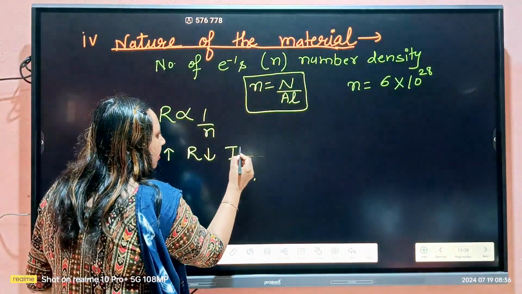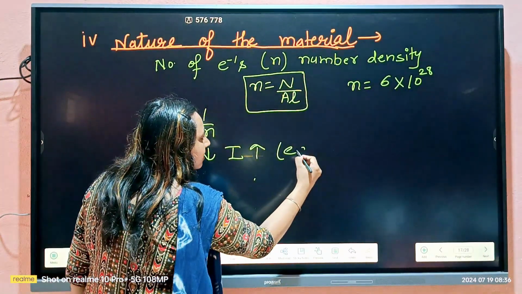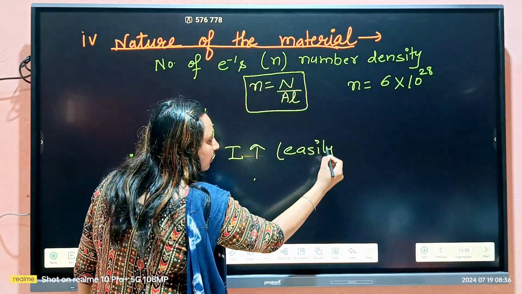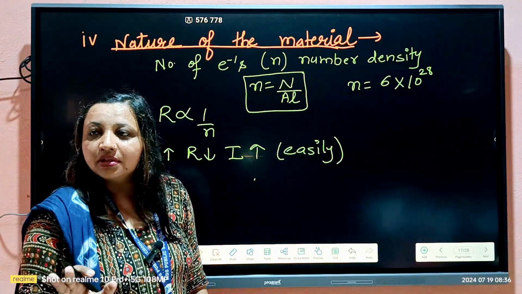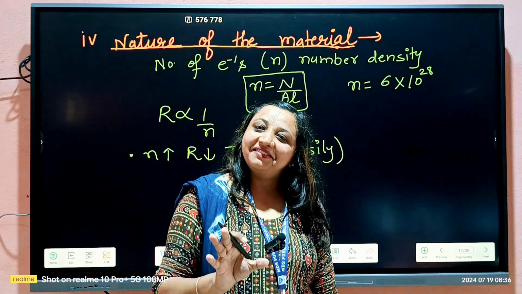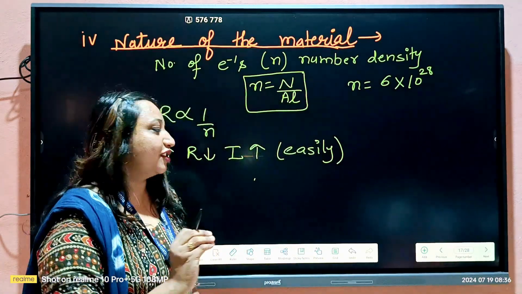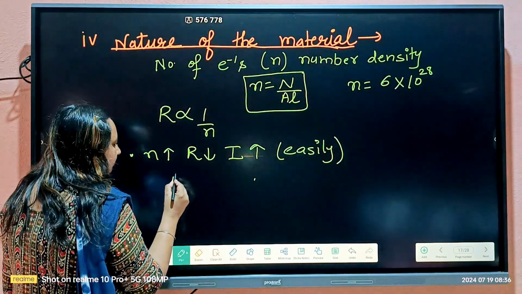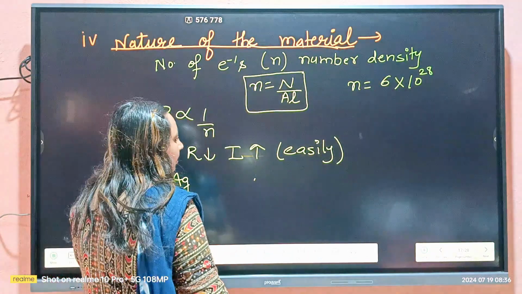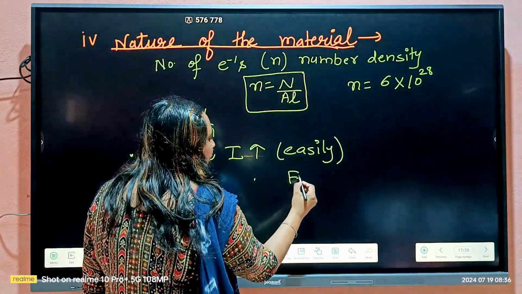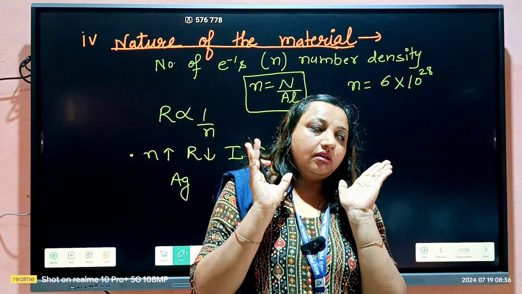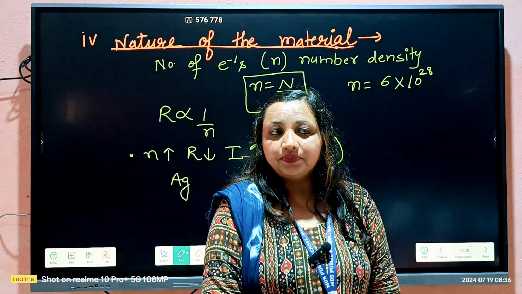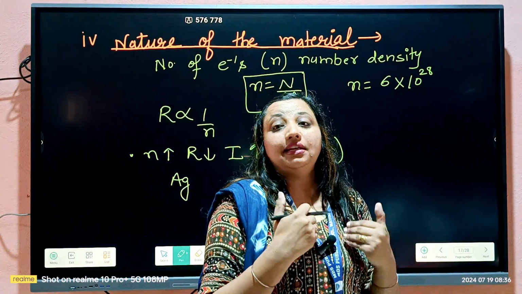Resistance is less, that means current flows easily through that wire. So in case of silver and another one like iron, which one has more conductivity, through which current can easily flow?